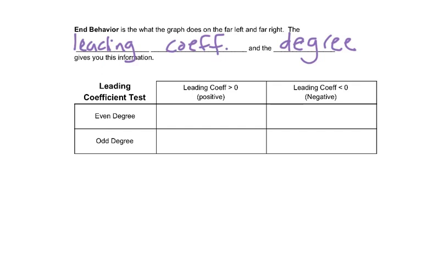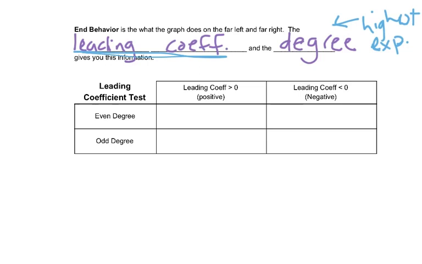So the degree is the highest exponent. And the leading coefficient is the number in front of that piece that's got the highest exponent.